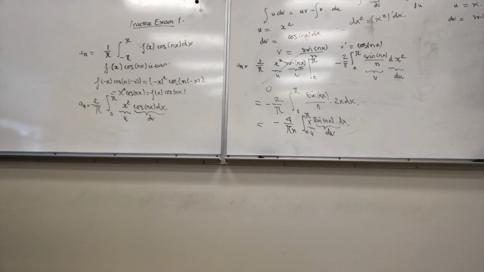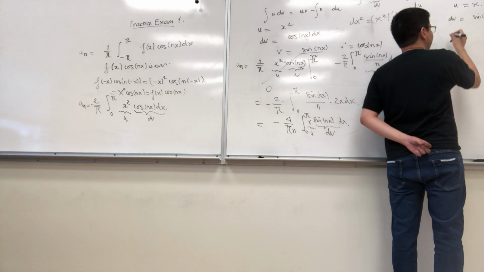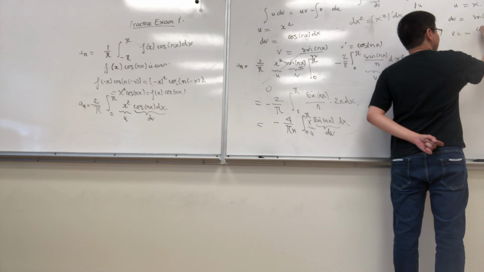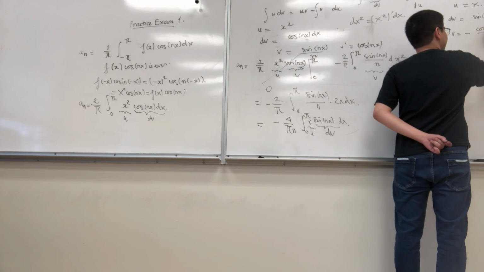So what is v? v will be minus cosine of nx over n.